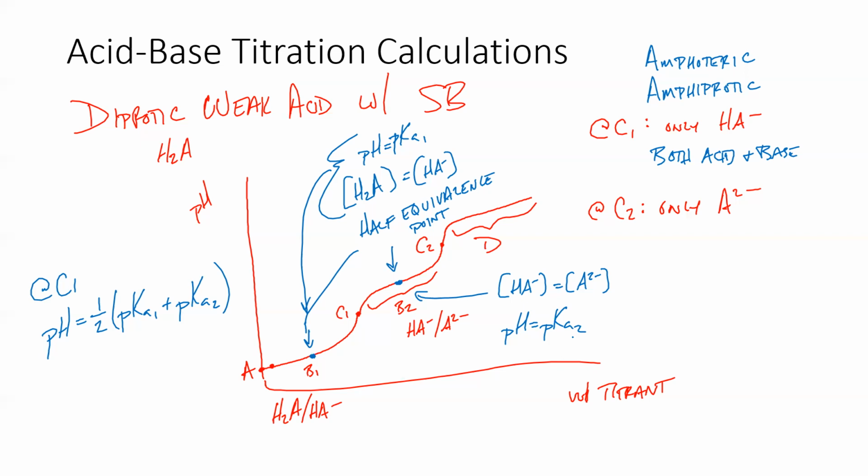Dr. Davis, yes. I actually already have a question about it. It says calculate pH 5 milliliters before and after the equivalence point. So do you have to calculate the equivalence point first? You do. Okay, because I'm used to it just saying added 5 milliliters of strong base or strong acid. Yeah.